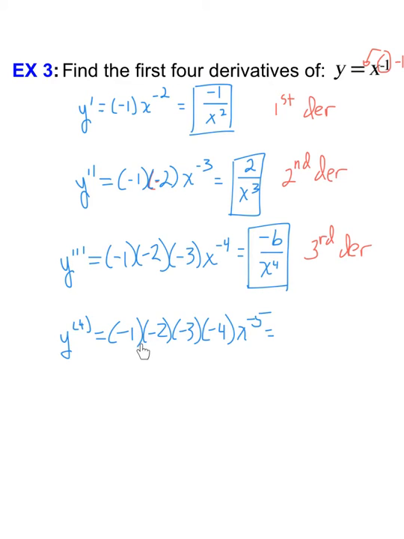And then this will be 6 times 4 is 24. So I get 24 over x to the 5th. And that is our fourth and final derivative. So now you get to try.